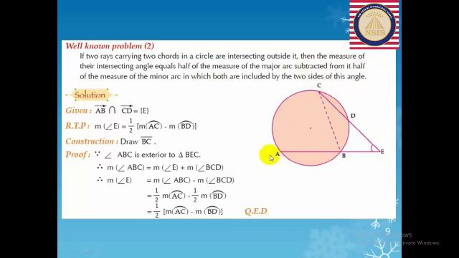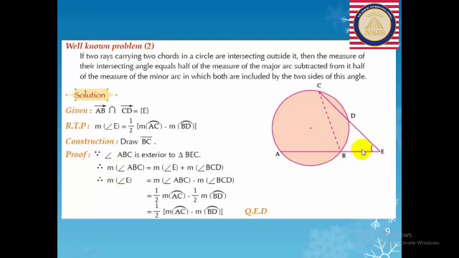Okay, very nice. How to prove it? We're going to draw CB to make what? An inscribed angle. The inscribed angle CBA equals what? Half the arc AC. Very good. And the inscribed angle DCB, can you see it? DCB, half the arc is what? BD. Okay.